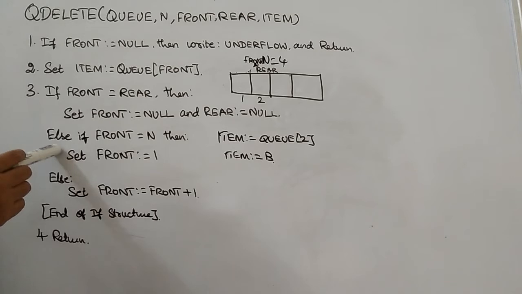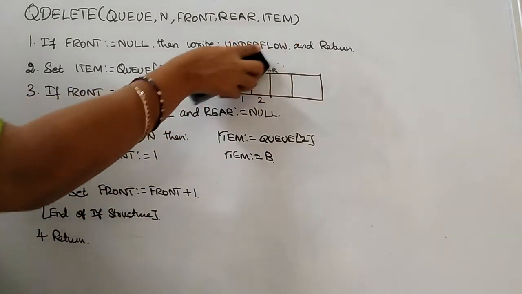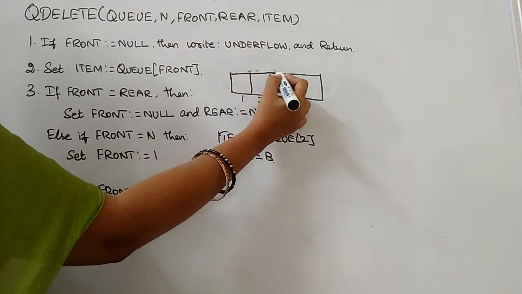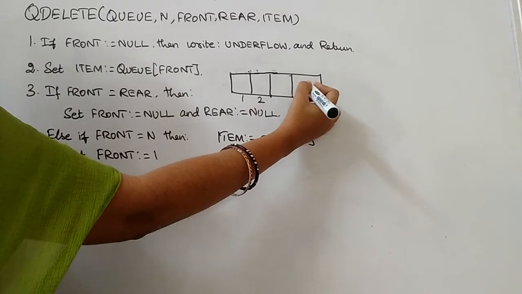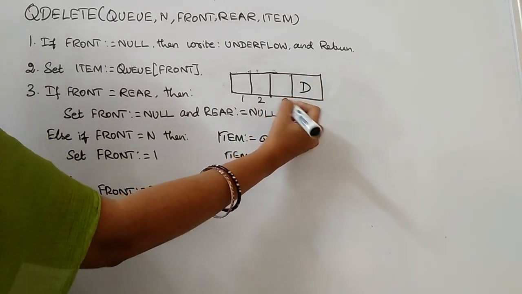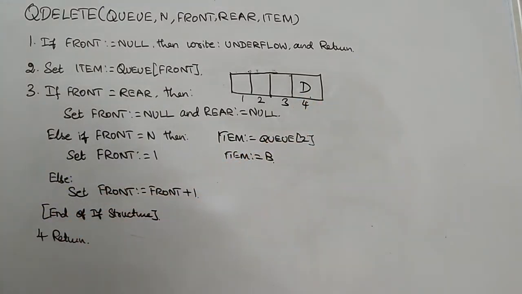So when will this else if be executed? In case I have the element in the last position, for example I have D in this last position.